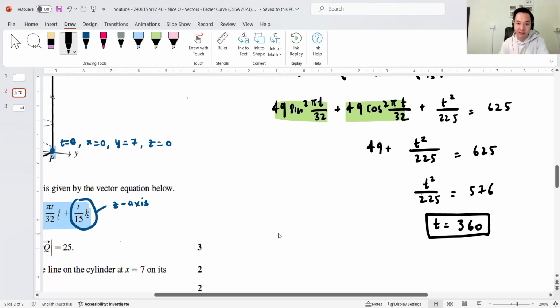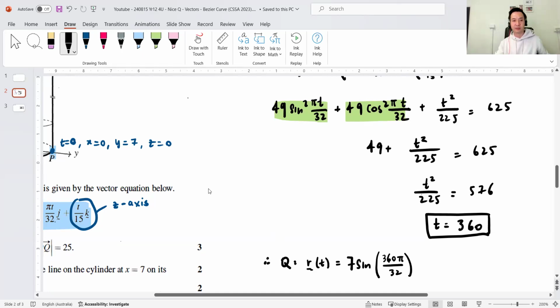So sub that in. So therefore, for the coordinate of Q, I'm going to sub that into the vector equation. So when you sub in 360, you go 7 sine, now 360 pi on 32. What's 360 on 32?